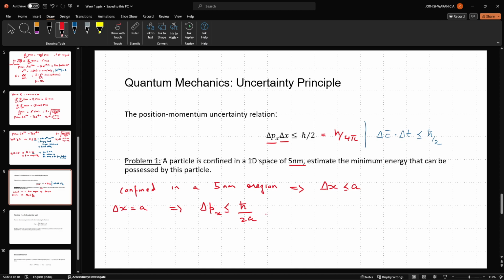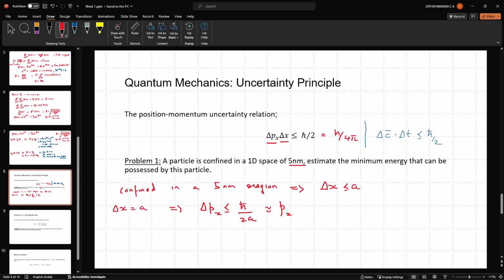So what is the lowest possible energy that this particle can possess? This can be taken as Px. Now why is that the case? Because the delta X and delta Px that are given here can in a sense be interpreted as the standard deviation in the respective quantities, the errors. Or another way of looking at it is to consider the fluctuations.